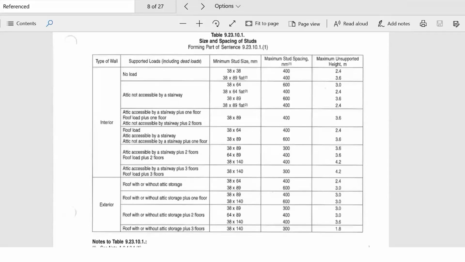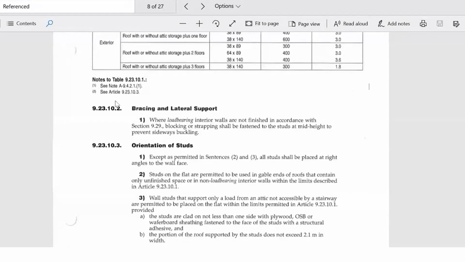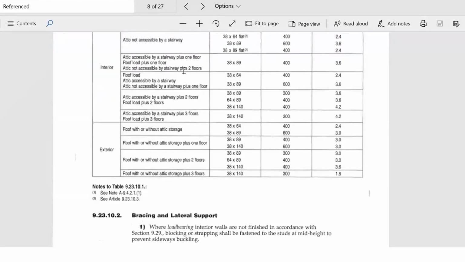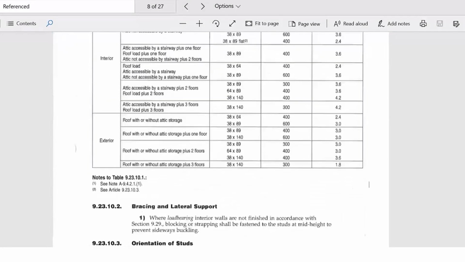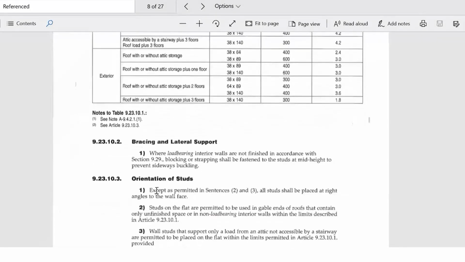Yeah. And then you can see, always remember that there are different notes to the table. So you go to the notes in notes A, and it sends you to see the article in 38 by 89 flat. It sends you to article 9.23.10.3, which is related to orientation of the studs.